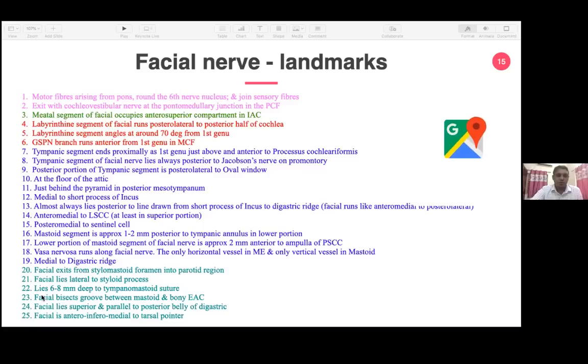And the one shown in light green here is nothing but the landmarks for the facial nerve in the parotid region. So you have nearly 25 landmarks for the facial nerve. Depending upon these landmarks, one should be able to identify the facial nerve in any given situation.